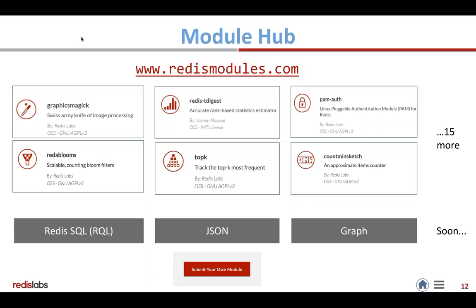A crypto engine to encrypt your data in memory using Themis. A text search module that is 5 times faster than Solr or Elasticsearch, and indexes your text so you can do complex queries on that data.